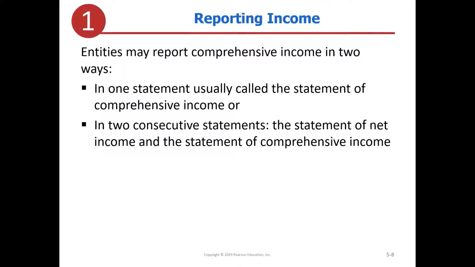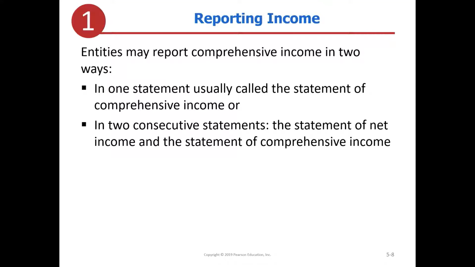Income statements are designed to reflect all components of comprehensive income, representing an entity's financial performance and results of operations over a period of time. Entities may report comprehensive income in two ways. One, in one statement, usually called the Statement of Comprehensive Income, or in two consecutive statements, which are the Statement of Net Income and the Statement of Comprehensive Income.